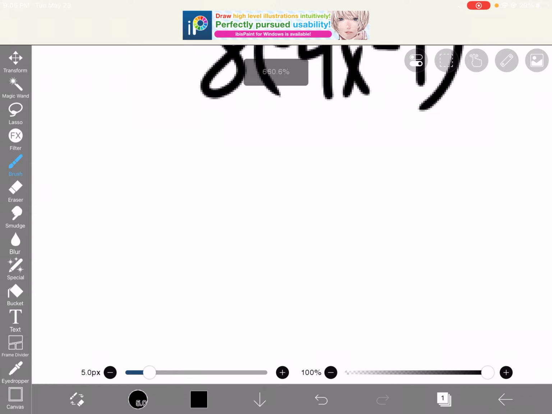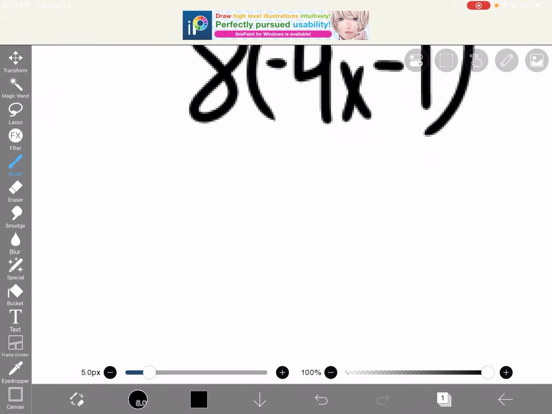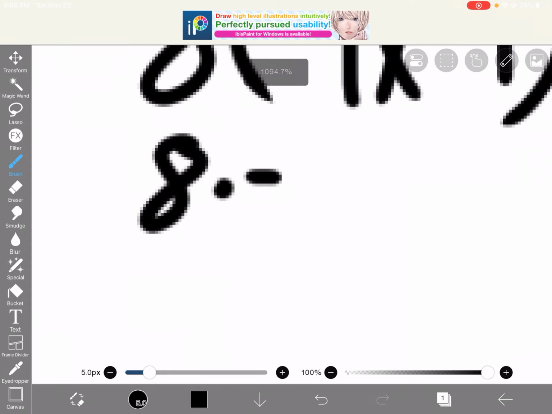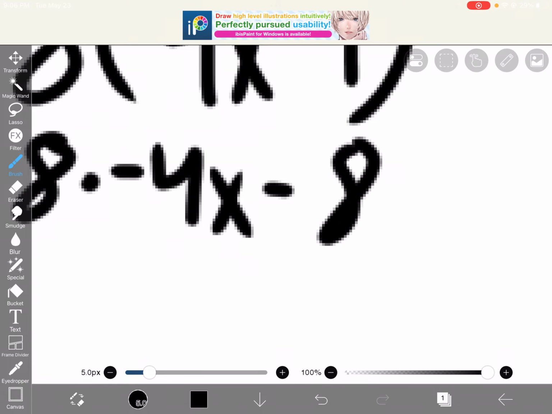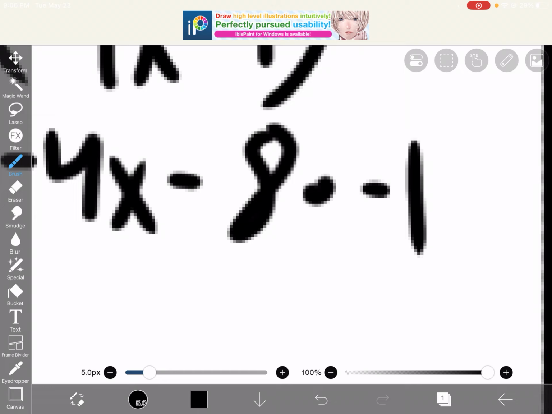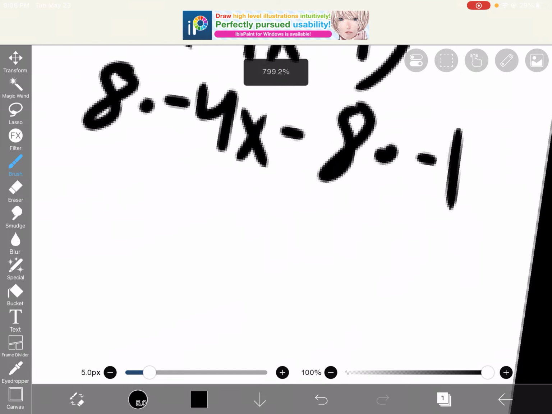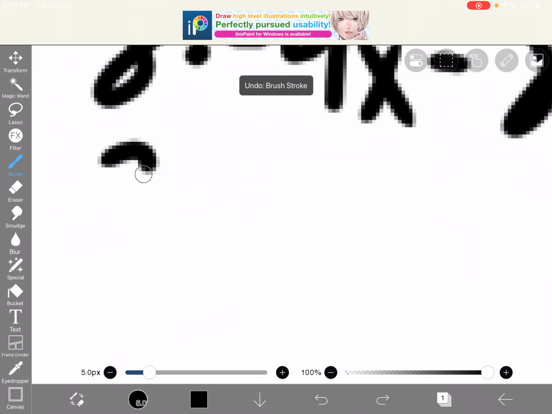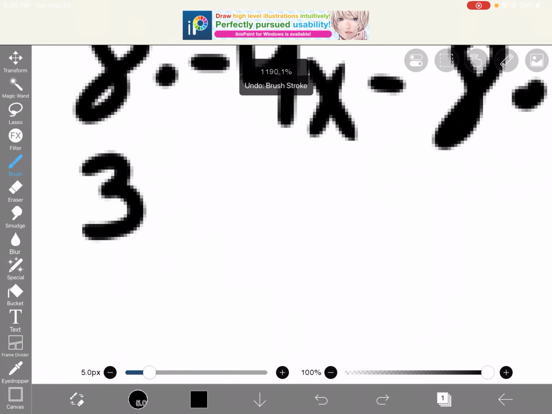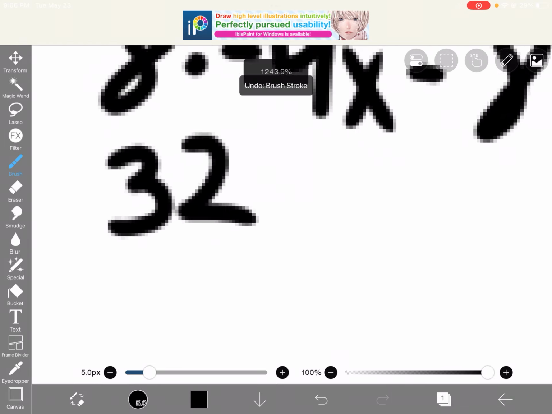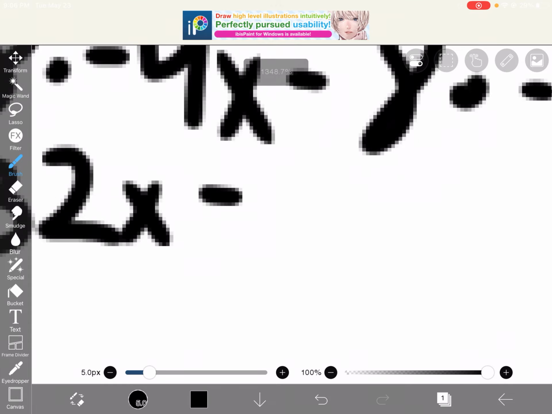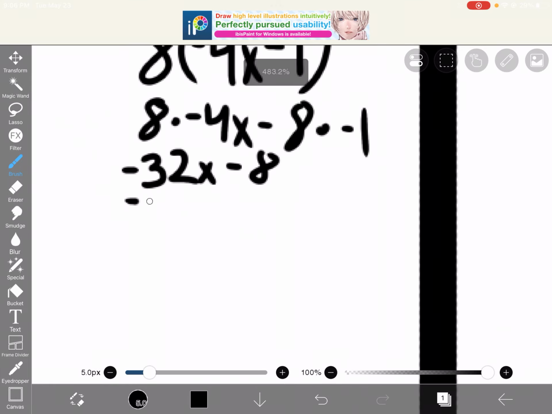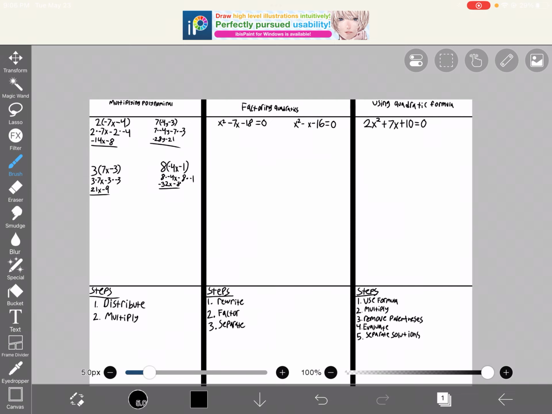Then negative 8 times negative 4x minus 8 times negative 1. That would be negative 32x minus 8. There we go. It's really as simple as that.